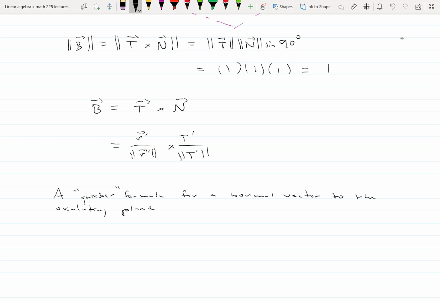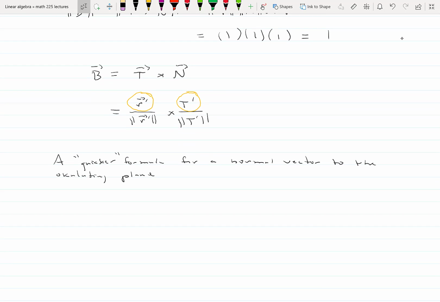All we need for a normal vector is its direction. All we need is r prime. We don't need the length of r prime in the denominator. The length of r prime is just a scalar. It's not going to affect the direction. And T prime. We don't need the length of T prime because it's just a scalar. So a quicker formula for a normal would be to use r prime cross T prime.